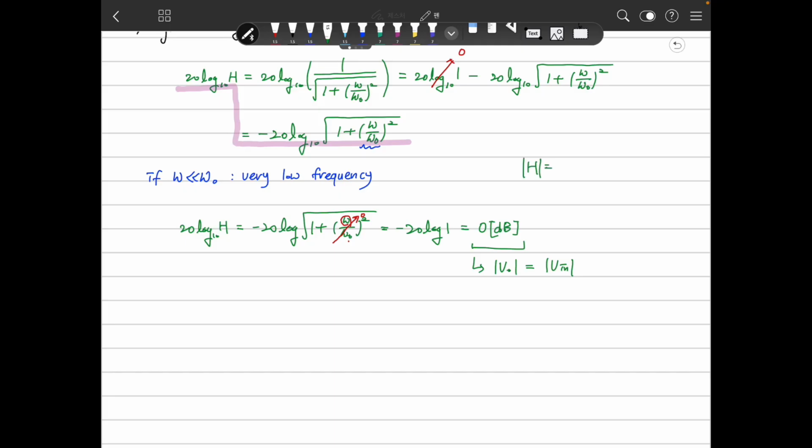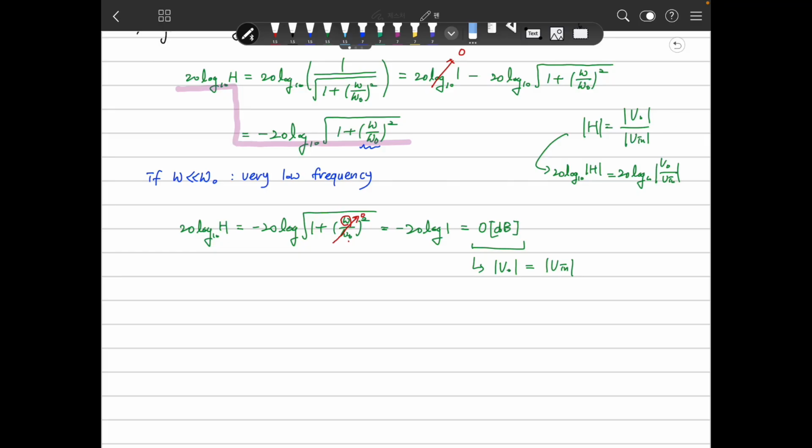The magnitude of H is V out over V in, right? Then we make 20 log of that value.